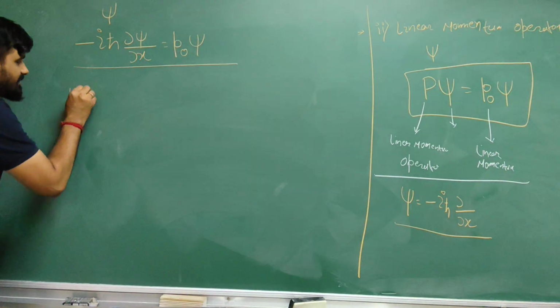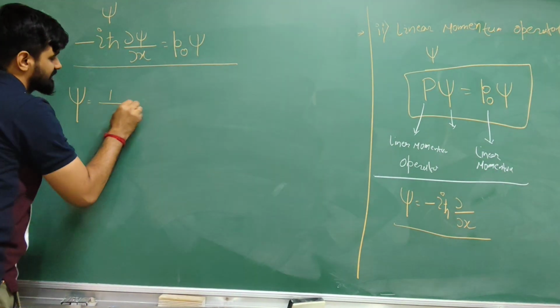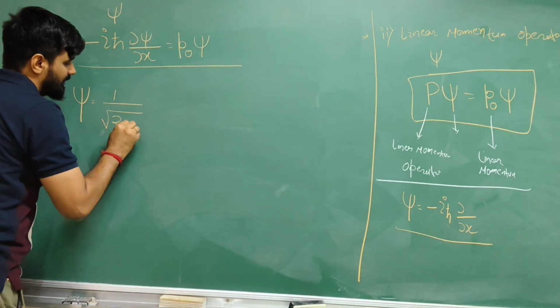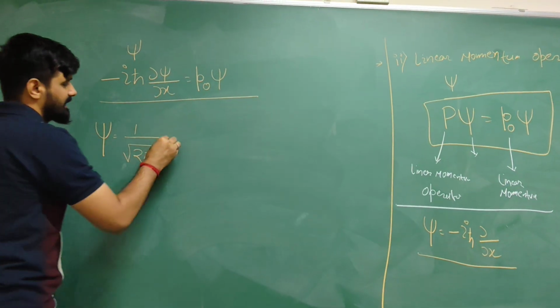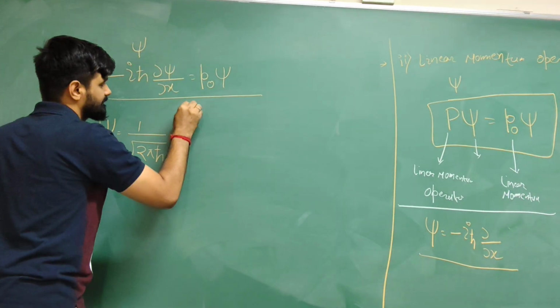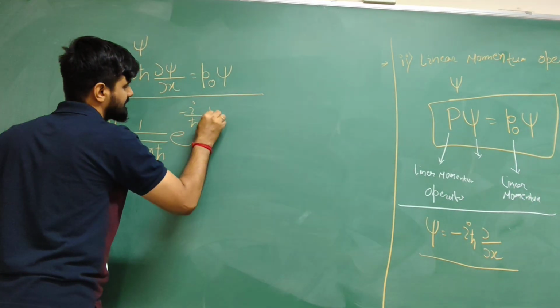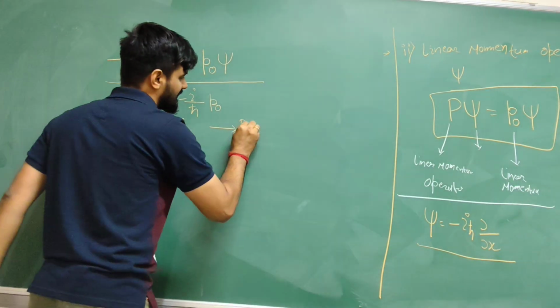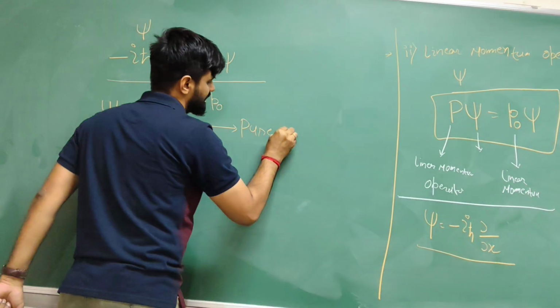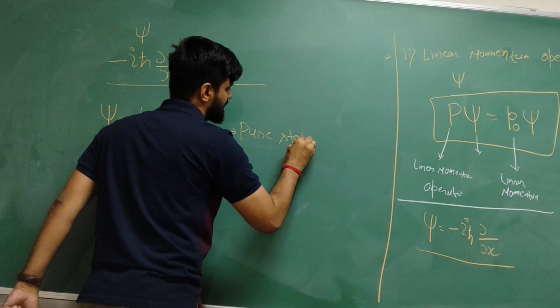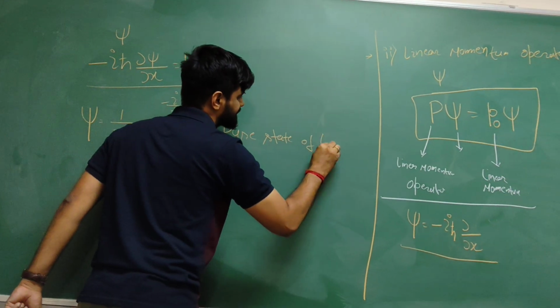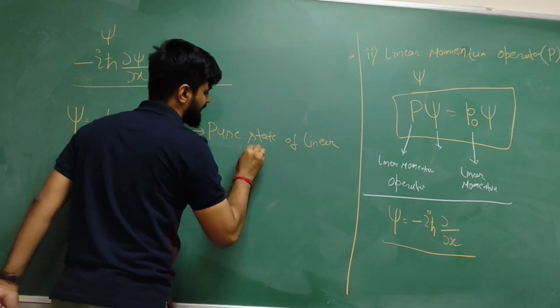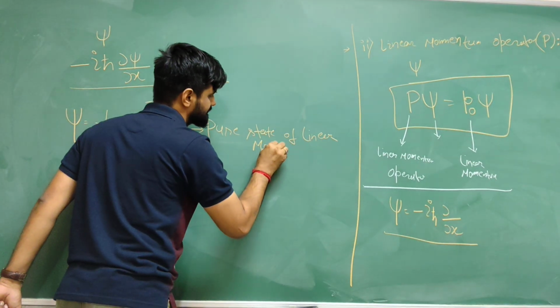So let's say we assume a wave function psi that is equal to 1 upon root 2 pi ħ, e to the power minus i by ħ p naught x. When we talk about this wave function, that is called the pure state of linear momentum.